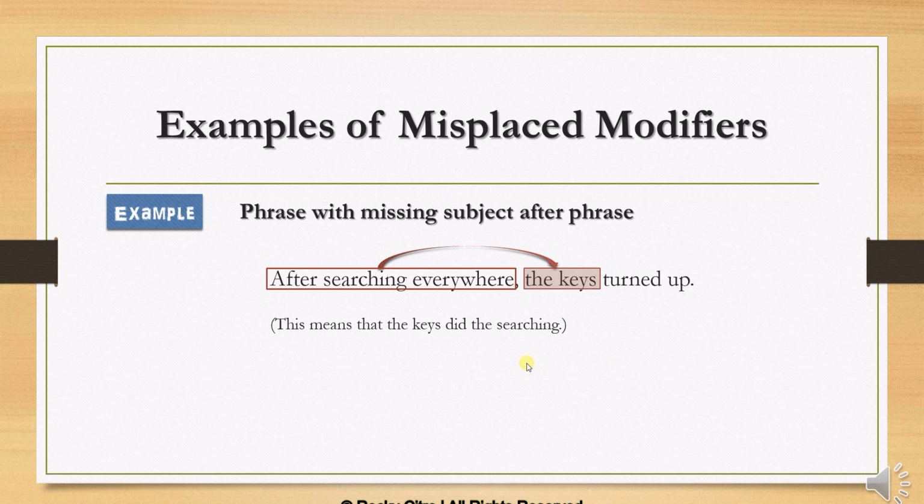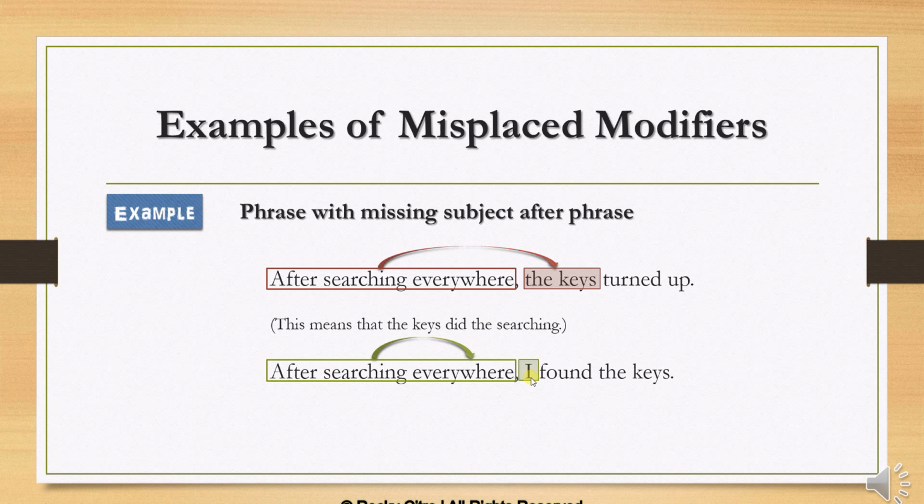Of course, that's illogical, so we would have to add something in. In this case, the problem is that we didn't specify who was doing what. And that's the other main solution to our problem: to always specify who's doing what action in our sentence. This is simply clear and will also avoid problems of illogical structures like this. So in this case, we have the same phrase, and we just stick the word I in here.